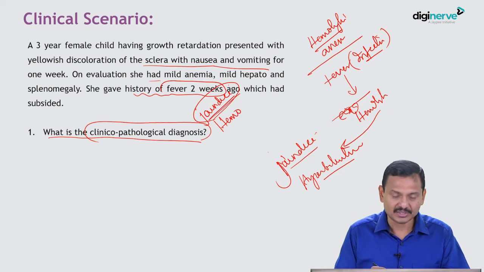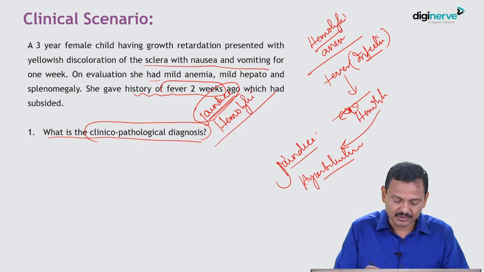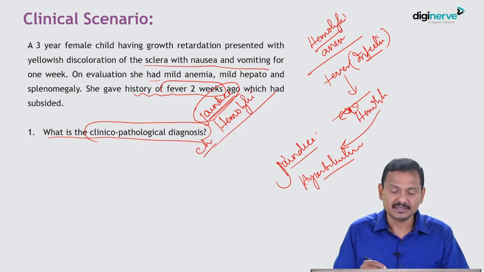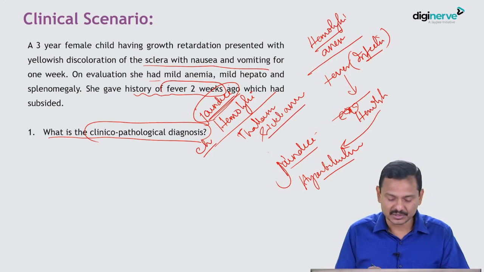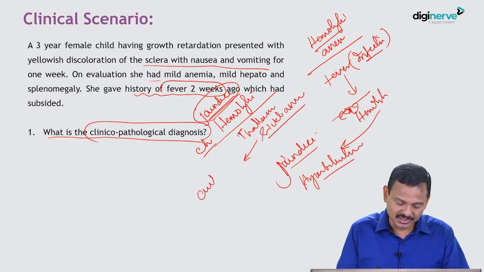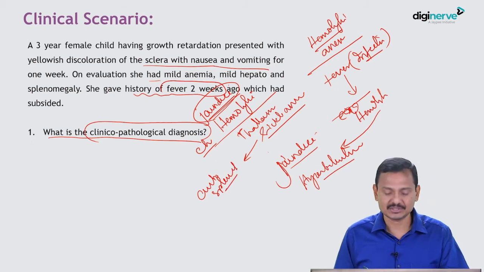So she has jaundice, and this jaundice could possibly be because of a chronic hemolytic anemia likely to be thalassemia, or it can be also sickle cell anemia. But in sickle cell anemia, we do not get splenomegaly because there is autosplenectomy. So here you are left with only one choice, that is thalassemia.